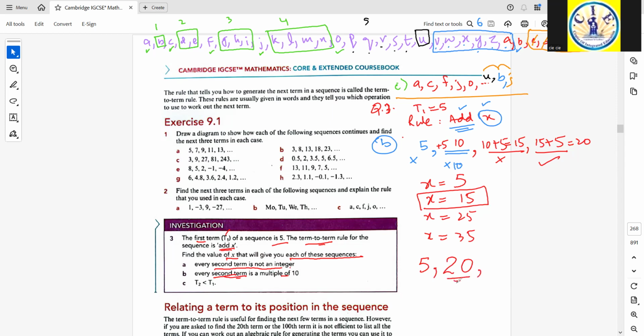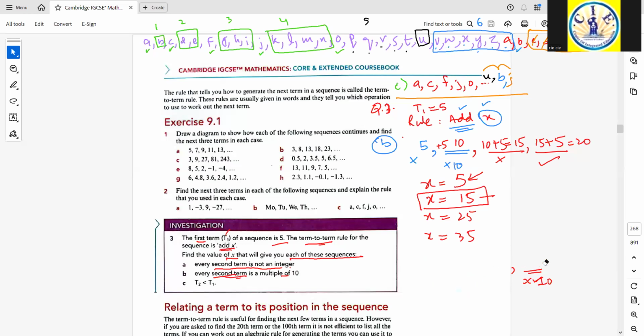Now this 20 is a multiple of 10. Then adding 15 once again, this is 35. This is not a multiple of 10. Then adding 15 once again, 50. This is a multiple of 10, and so on. So x could be either 5 or 15 or 25, 35, or any other number with 5 at the units place.